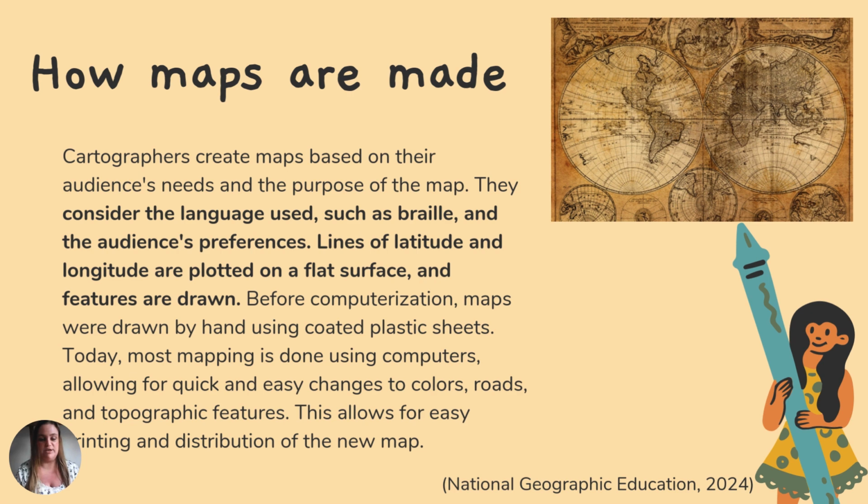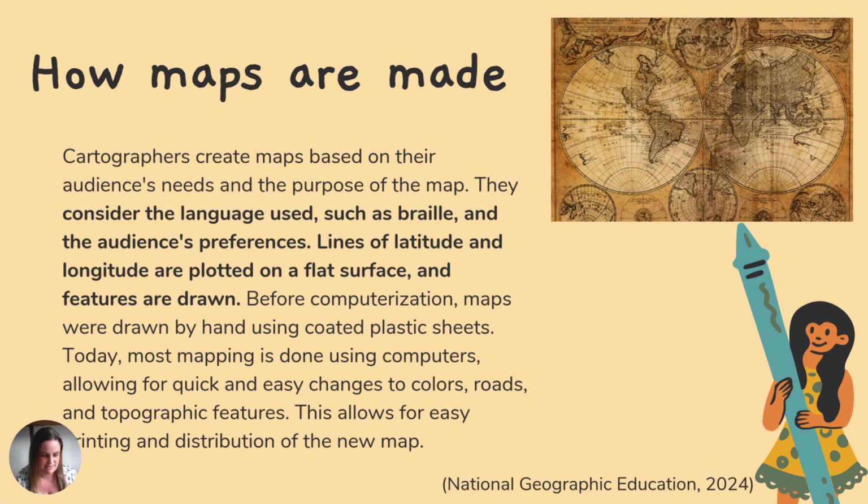And the audience's preferences. Lines of latitude and longitude are plotted on a flat surface, and features are drawn, like we went through earlier. Before computerization, maps were drawn by hand using coated plastic sheets. That's very interesting.